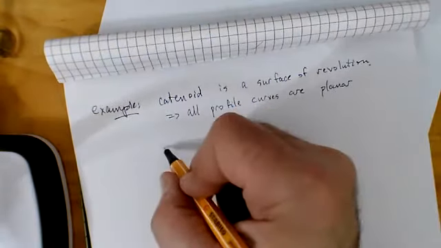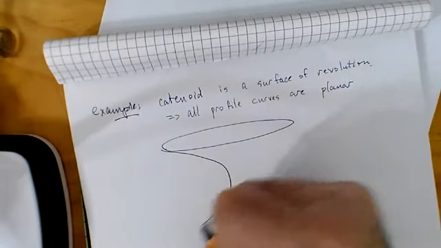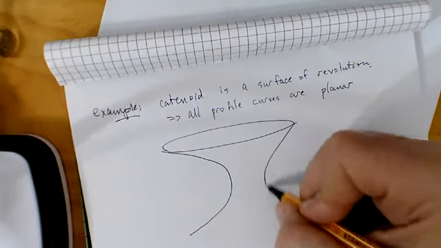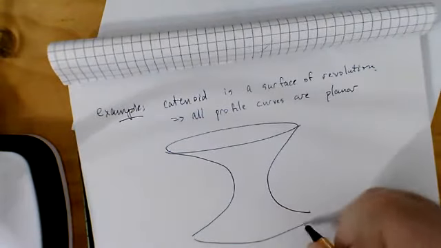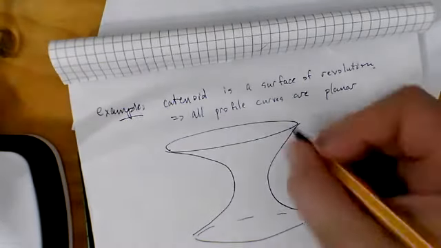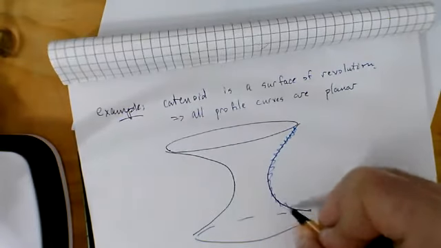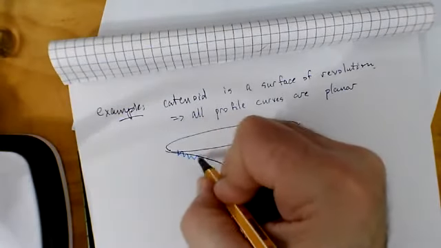Okay, so if I draw my catenoid like this, I see I have two planar curves here and here.